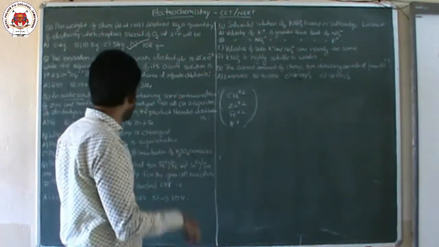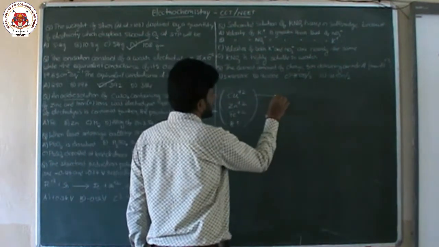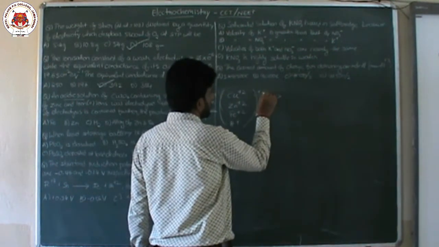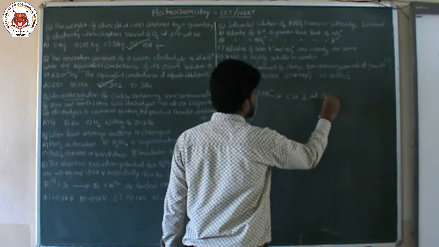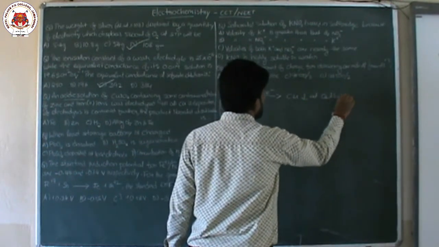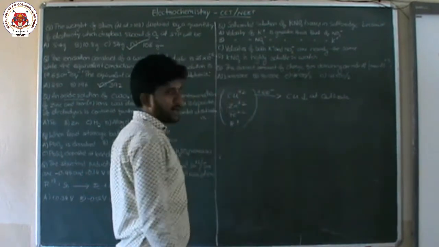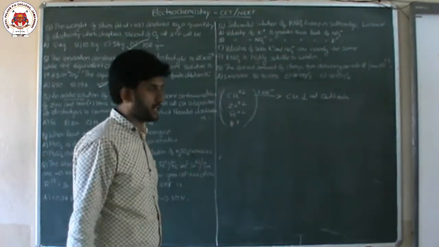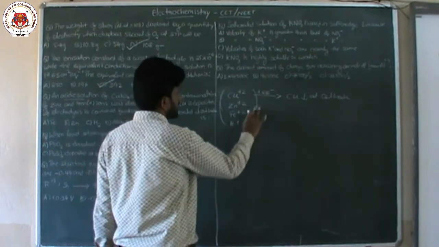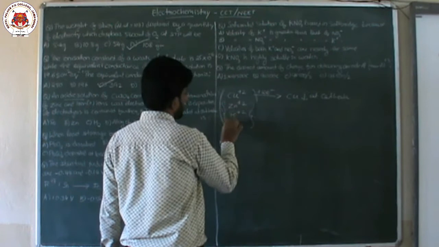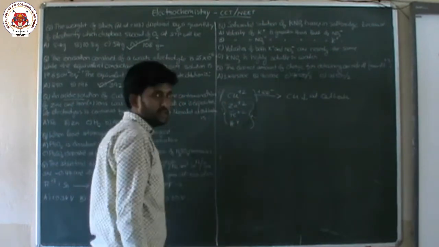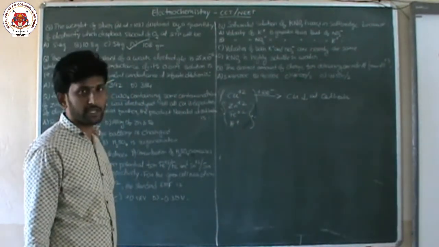They are doing the electrolysis so that the total copper is deposited at cathode. Once copper deposition is completed, the remaining will be Zn plus 2, Fe plus 2 and H plus.